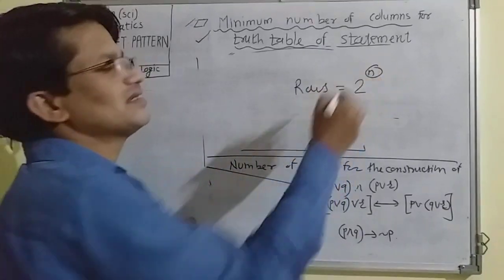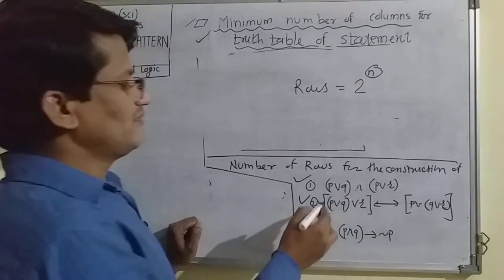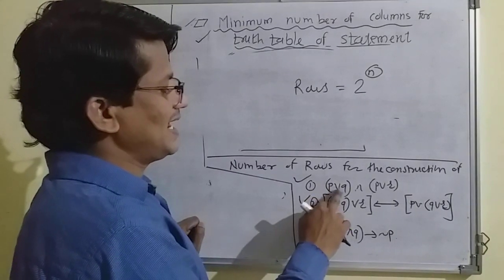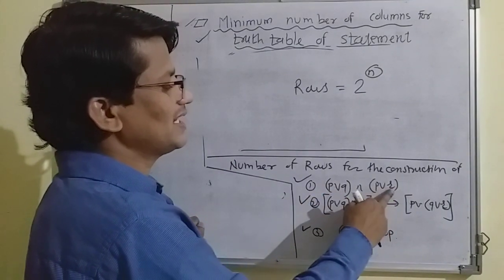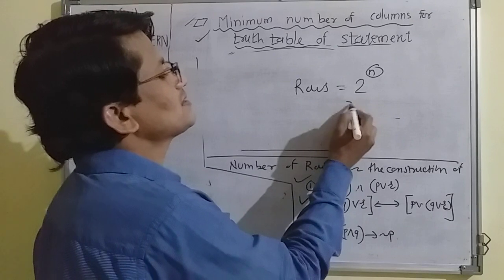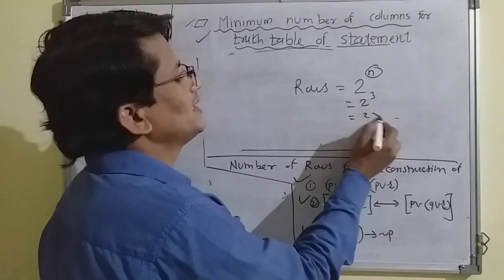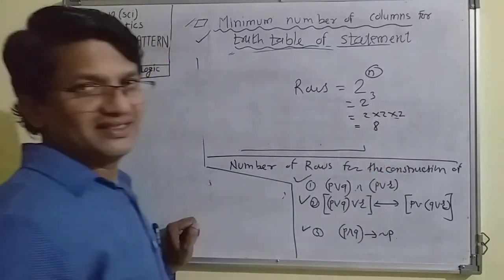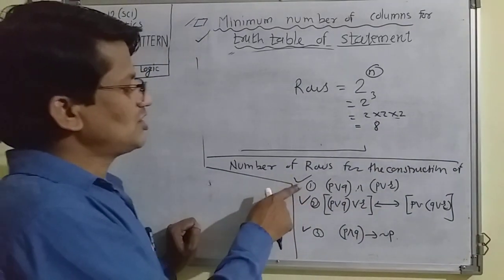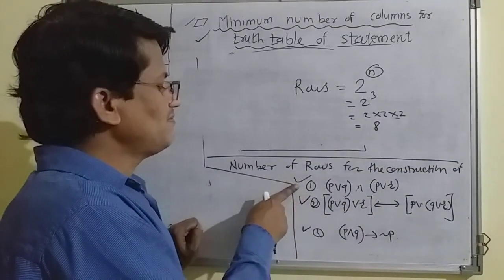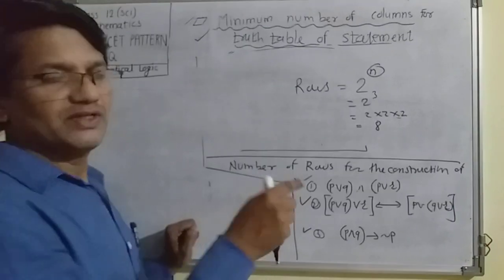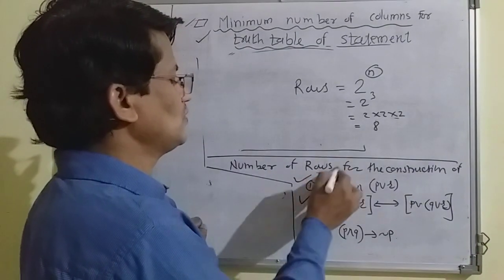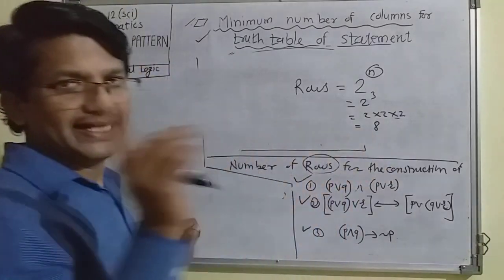N means the number of letters here. For this example, P, Q, and R, there are 3, so 2 raised to 3, 2 into 2 into 2, which is 8. For the construction of this truth table, the number of rows is 8.